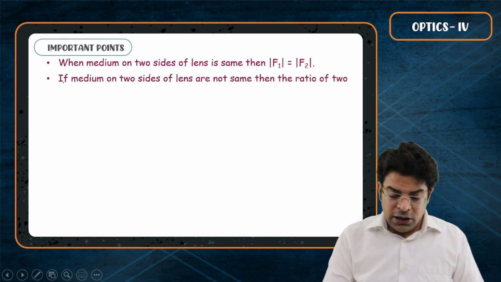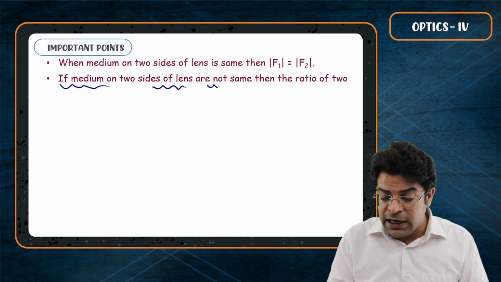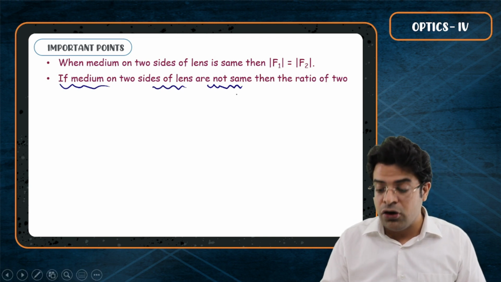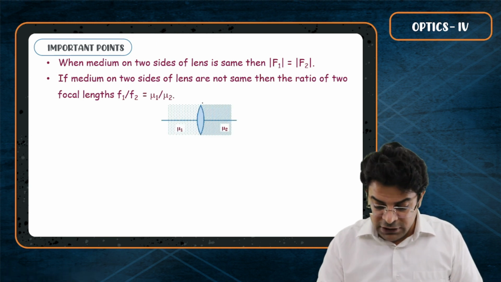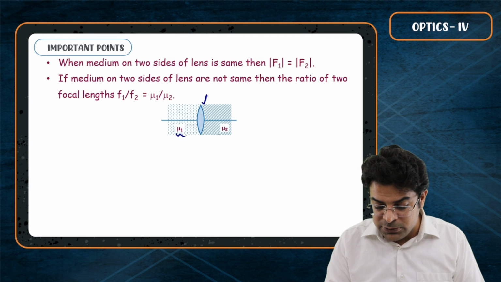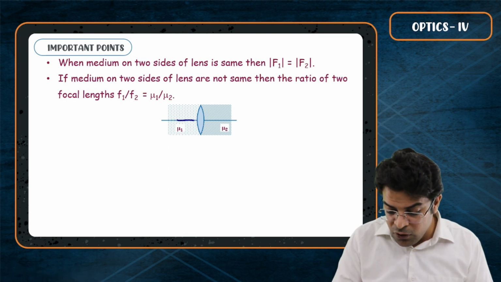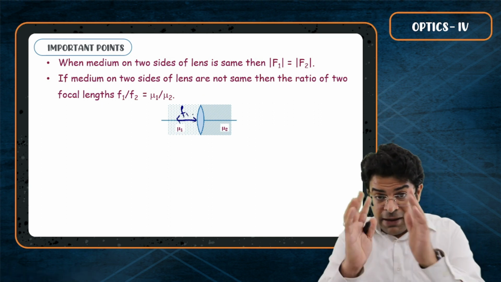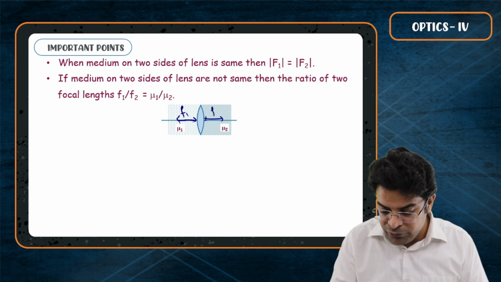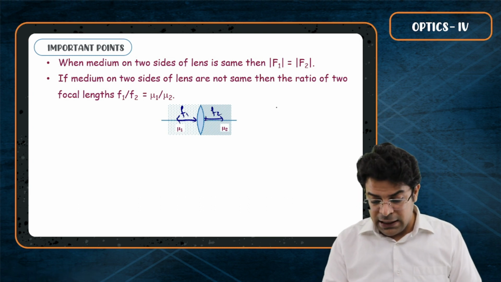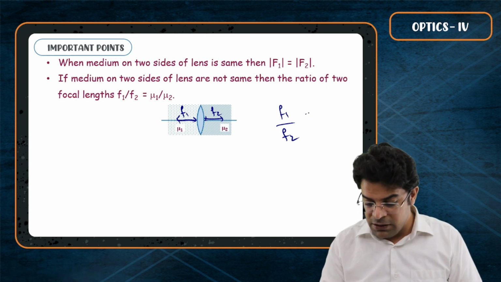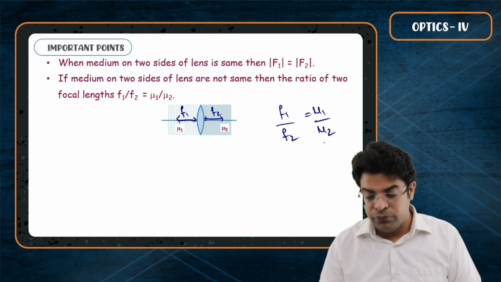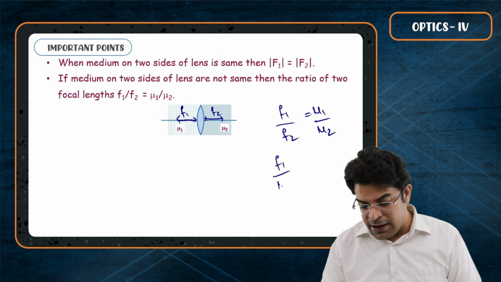Next thing, bachcho, if the medium on the two sides of the lens is different, and let's say on the two sides the media have refractive indices mu1 and mu2, and the focal lengths, only magnitude, are f1 and f2, then f1 by f2 will be the same as mu1 by mu2. Or you can say that f1 by mu1 equals f2 by mu2.